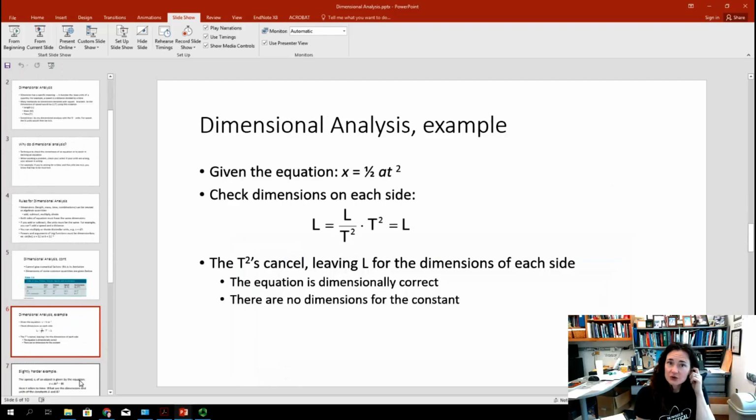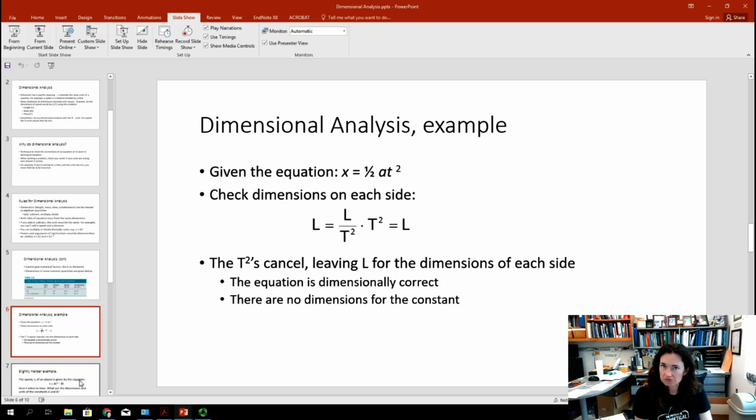All right, let's do a simple example problem, okay? This is something that you might see, for example, in a chapter 2 equation that you end up with. So let's look at this equation. x is equal to 1/2 times at squared, all right? Well, we'll go with the commonly held convention that x is a length, okay?